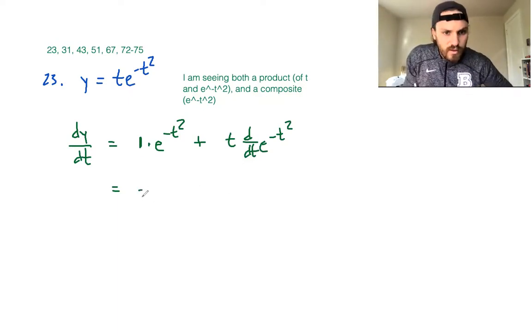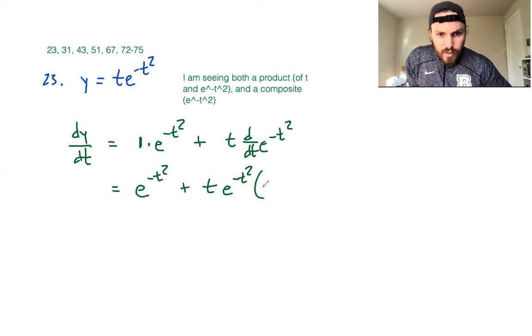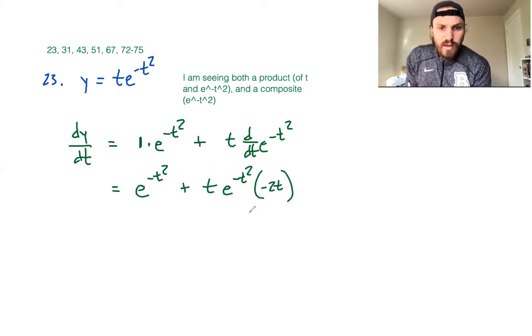So this is going to be e to the negative t squared plus t. And now the derivative of e to the negative t squared, remember the derivative of e to the x is e to the x. So the derivative of e to anything else is e to anything else, e to the negative t squared. But now I need to multiply by negative 2t, which is the derivative of negative t squared.